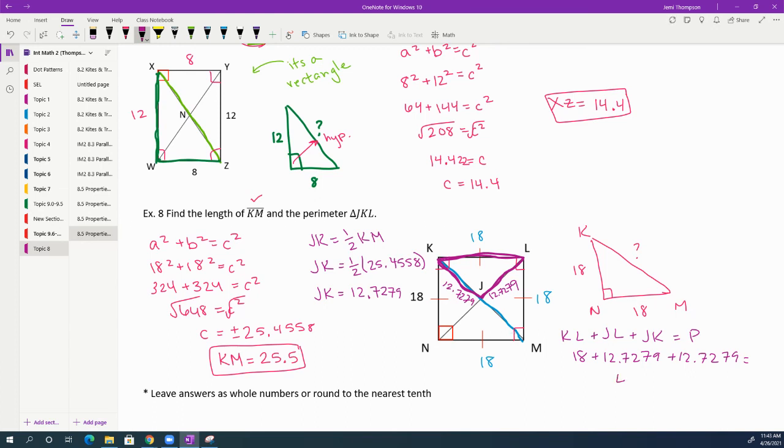And that gives me a perimeter of 43.4558. When I round, I'm going to get 43.5. Hopefully you're really close in that ballpark. Perimeter is 43.5.